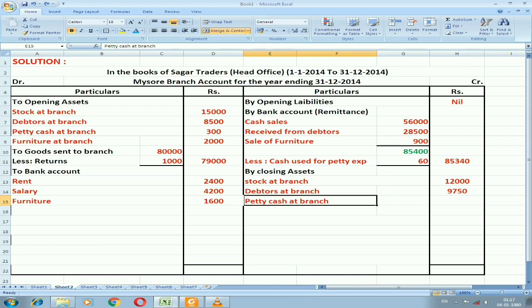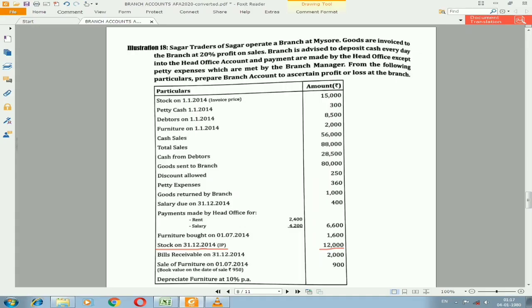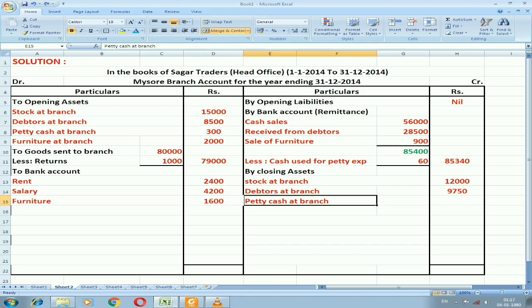Then we have petty cash at branch. As I told you, petty cash opening balance is 300, and they have spent 360 rupees. 300 minus 360, extra 60 rupees we have already deducted from the income. That is the reason 300 minus 300 will be nil. So at the end of the year they will not have any petty cash balance.